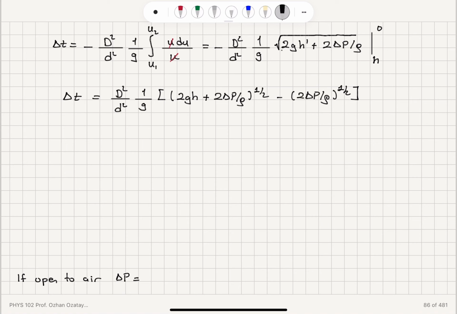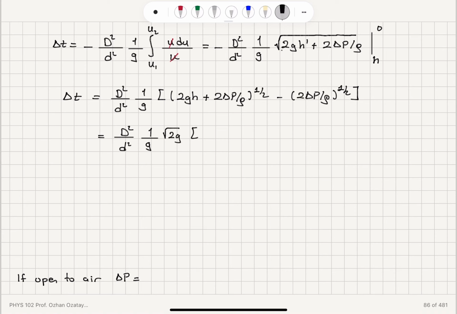Okay, so if I take this square root of 2g out of the parentheses, this gives me capital D squared over small d squared, 1 over g, square root 2g.